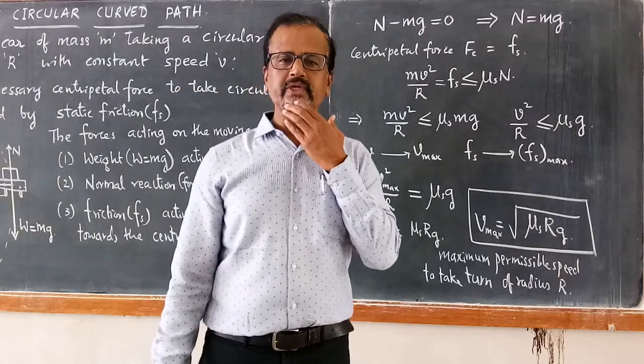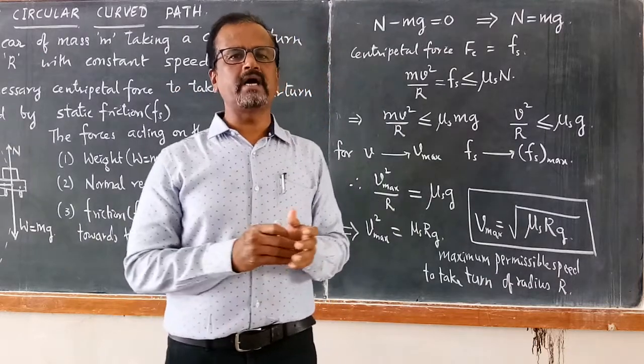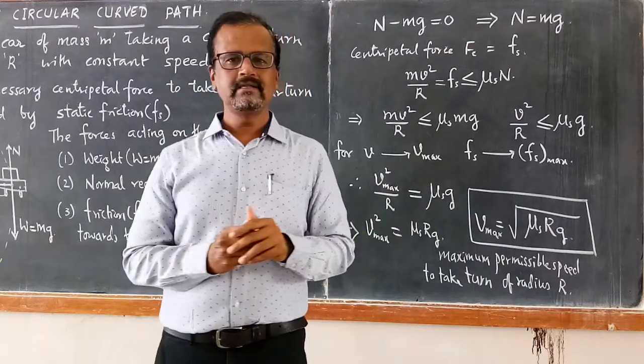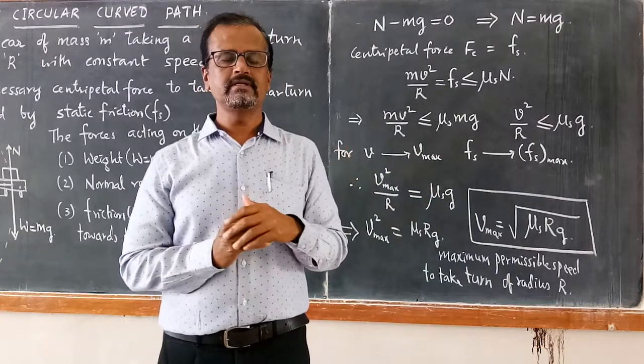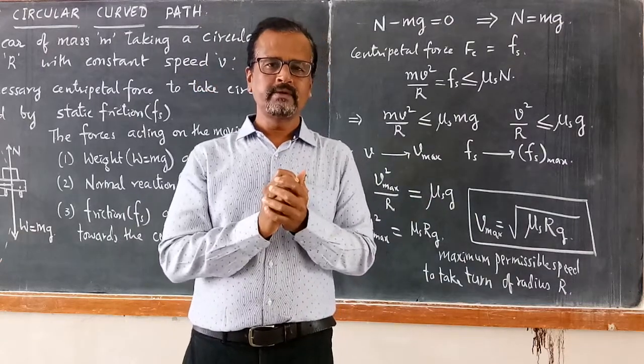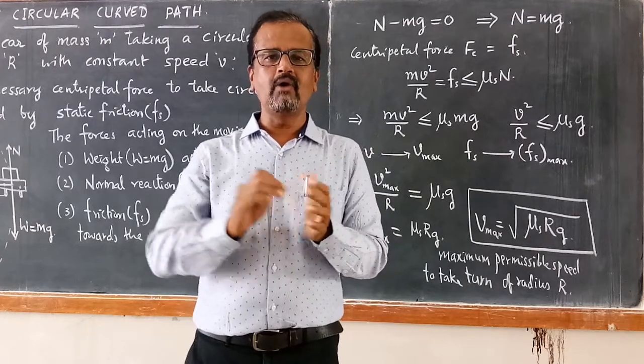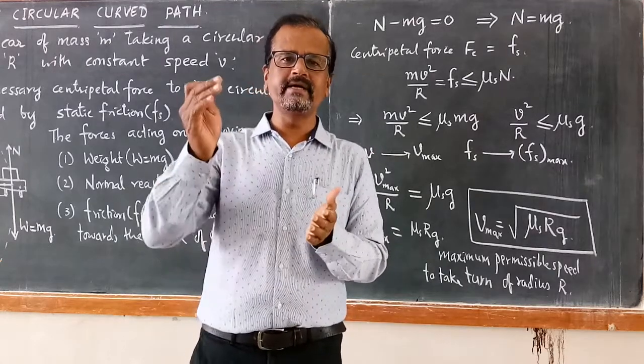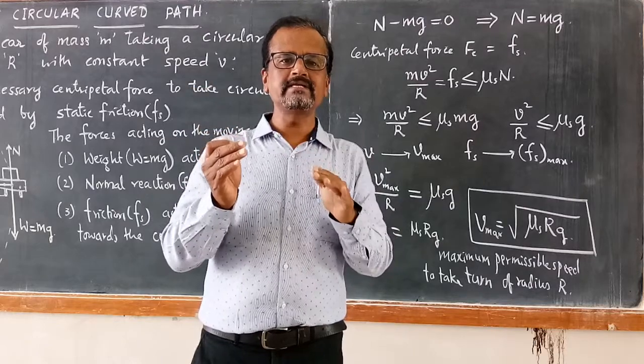Now, what to do if vehicle has to go with higher speed than this? Then there is a procedure, there is a process called as banking of road. Banking of road means the outer edge of the road is elevated, keeping the inner edge as it is.